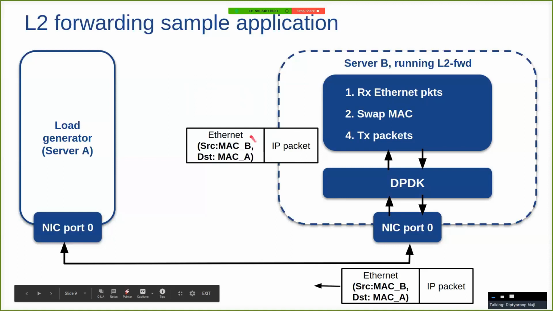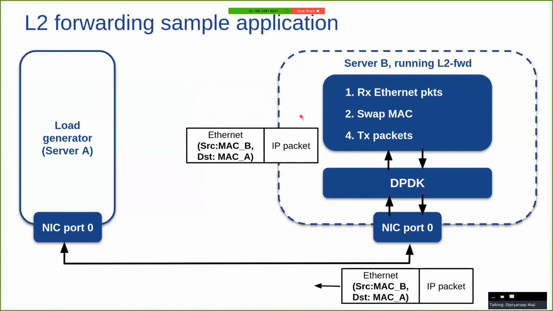We'll only be manipulating the layer 2 header. For layer 3 onwards, we are not concerned in this L2 forward application. Of course, there are other applications and you can write your own application where you can manipulate IP headers or L4 headers or the data. But in this application, we'll just be swapping our MAC addresses.